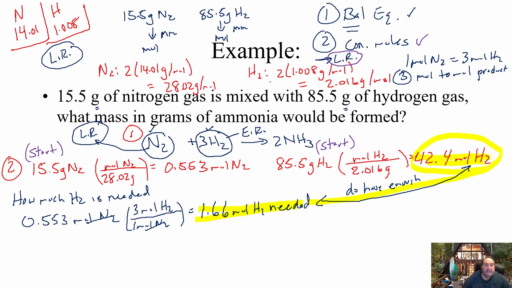In this case, we can see from the equation that since our limiting reagent is nitrogen and our product is ammonia, it is a 1 to 2 relationship between those two. So for every 1 mole of nitrogen, we get 2 moles of NH3.